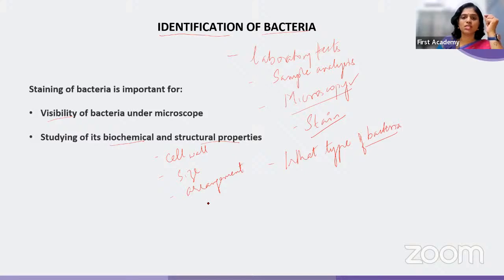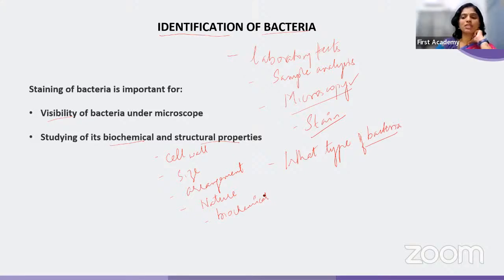Starting from this to the highly complicated things like the nature of the bacteria, the structural details, and biochemical details, all these things can be evaluated with the staining techniques and further with the biochemical tests. So knowing what type of bacteria is present in a particular sample is very important diagnostically, and in terms of your water samples also, you need to analyze all these things.